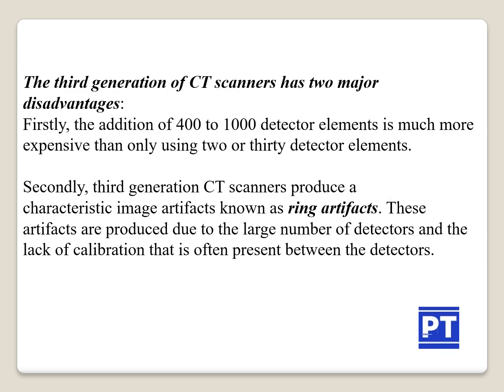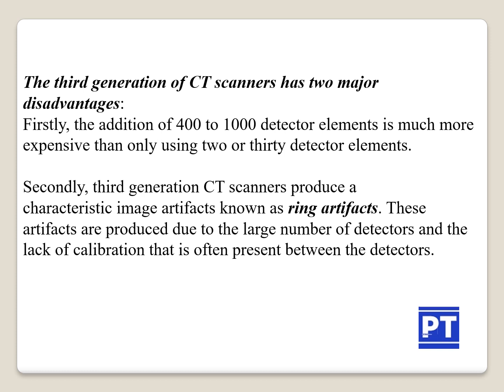The third generation CT scanners have two major disadvantages. Firstly, the addition of 400 to 1000 detector elements is much more expensive than using only 2 to 30 detector elements. Secondly, the third generation CT scanner produces characteristic image artifacts known as ring artifacts.